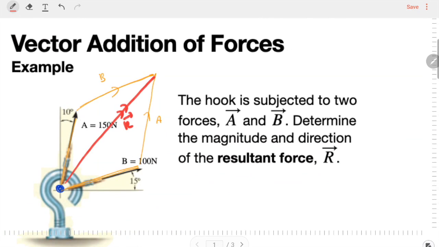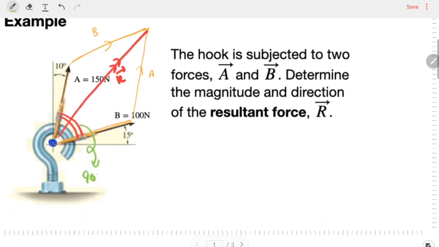Okay, now look carefully at this example. We can calculate this angle over here, whereby we know that it is a 90-degree angle between the x and y axis, and then we subtract the 10 degree and 15 degree angles, so the remaining angle would be 65 degrees. So for a parallelogram figure, the 65 degree over here would be equal to 65 degree on the opposite side as well.